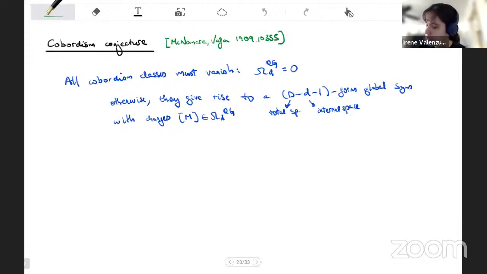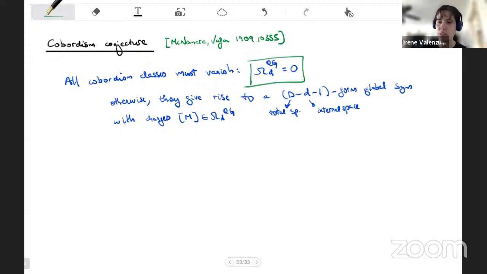Okay, let me say what the conjecture is. The conjecture is that all these cobordism classes must vanish, so that this group has to be trivial, so that everything belongs to the same equivalence class, the same cobordism class, which is just the trivial one. Why?